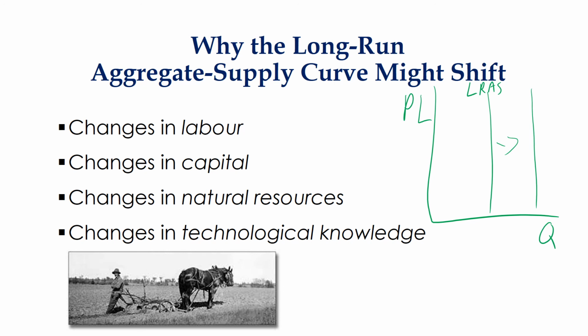And even if we have the ability to import resources at a cheaper price, so free trade and free trade agreements can make natural resources and other resources more available or more plentiful. Even in technological knowledge, the inventor of the computer and Google, and now with artificial intelligence, we could see a great shift.